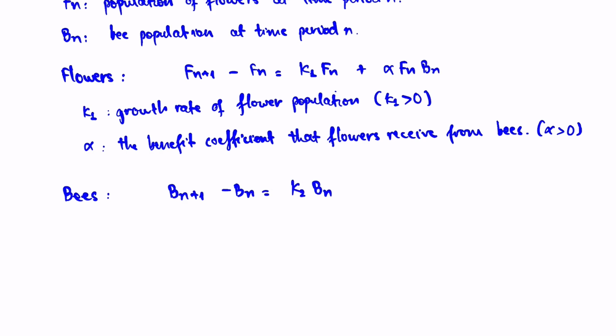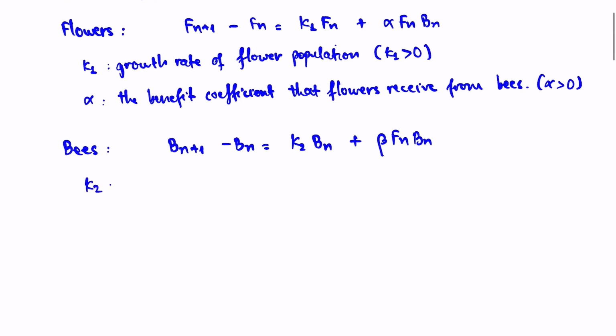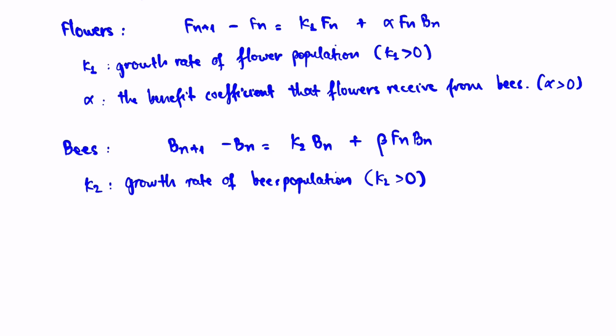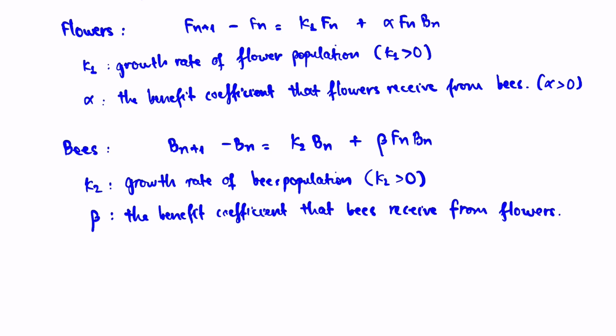In the absence of the flower population, the bees are supposed to increase exponentially. But if there is the presence of flowers in the ecosystem, then you add in the term beta times F sub n times B sub n. In this case, k2 is the growth rate of the bee population. And you assume k2 to be a positive number. And beta in this case is the benefit coefficient that bees receive from flowers. And you also assume that beta is a positive number.